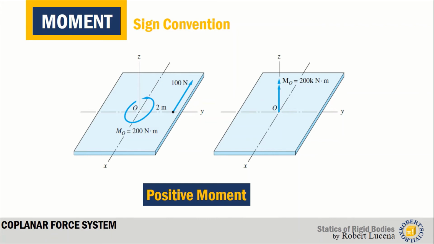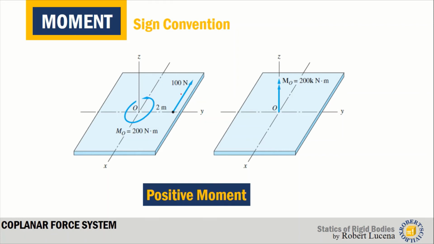It causes a moment MO of 200 Newton meter. As you can see, vector MO is rotating about the z-axis. And moment vectors could be represented by two arrowheads, as you can see in this figure.